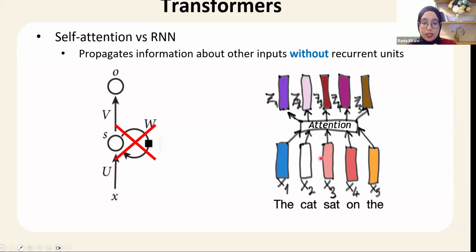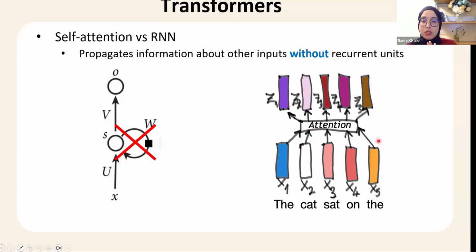Here you can see an example of self-attention. We have "the cat sat on the", and here we have missing points. We can try to fill in the blanks. This can directly look at every other word at the same time. This is how it works.